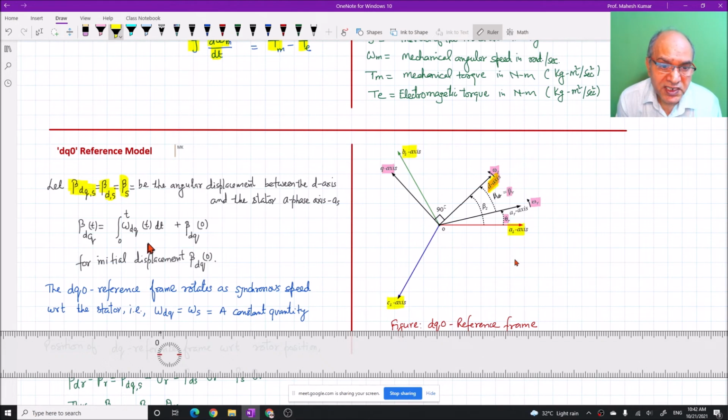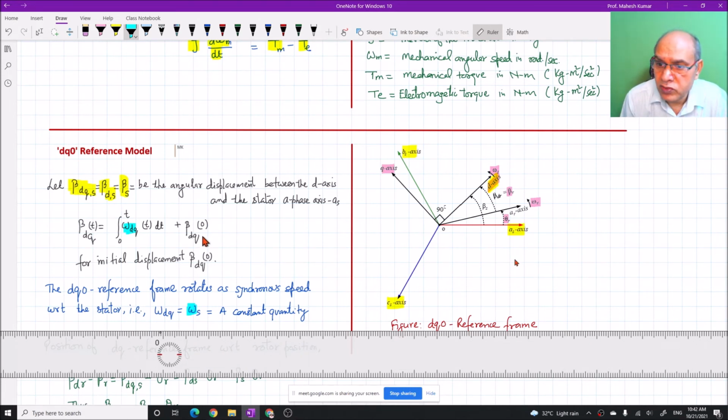And this beta S can be written as omega into dt plus beta at 0 position, at t equal to 0. So omega dq is the same as omega s, because you see the speed of this is omega s, which is a constant velocity for a given three-phase balanced system.